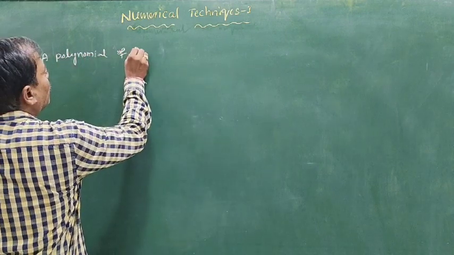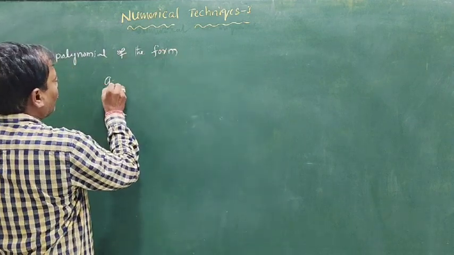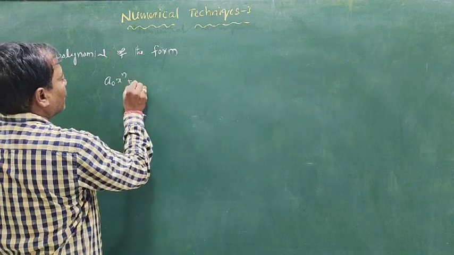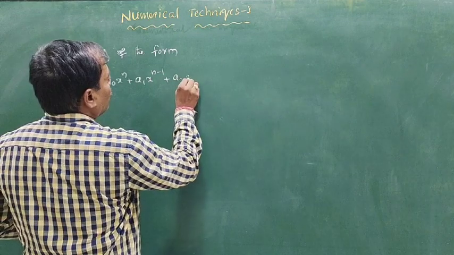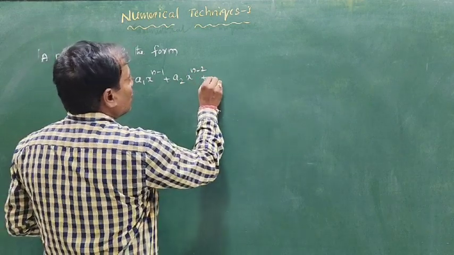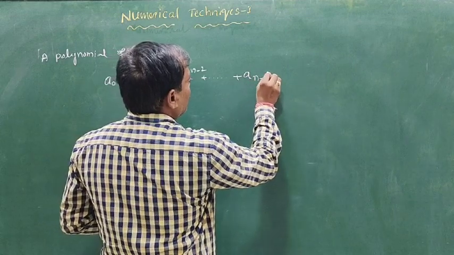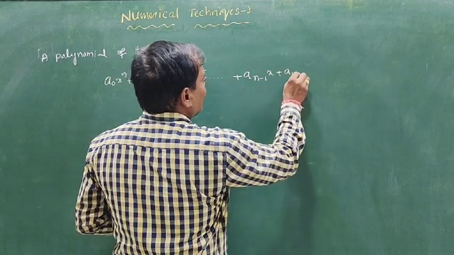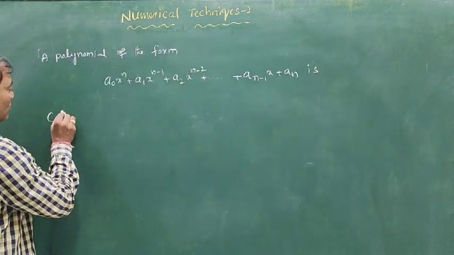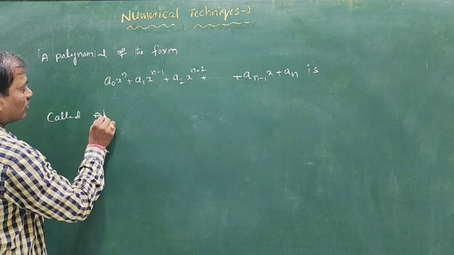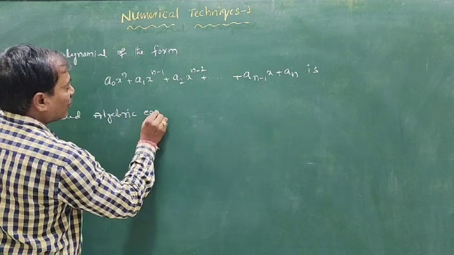A polynomial of the form a naught x to the power of n, a1 x to the power of n minus 1, a2 x to the power of n minus 2, and so on, plus a n minus 1 x plus an is called algebraic equation.